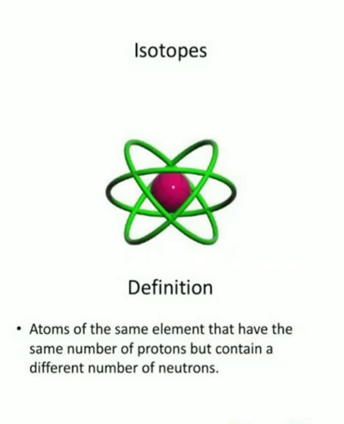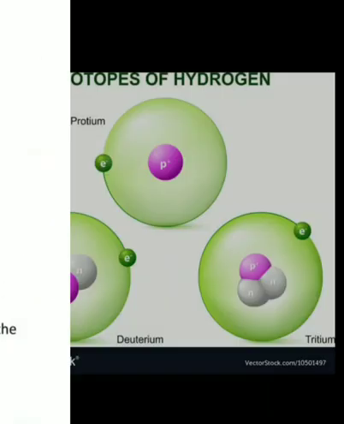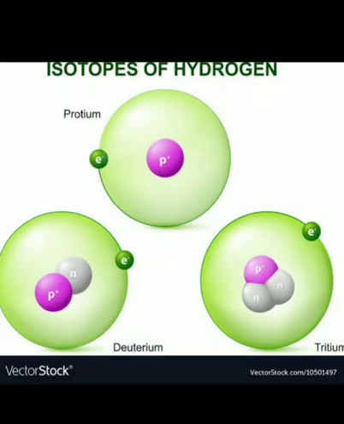Let's see some examples, the isotopes of hydrogen. Hydrogen has 3 isotopes: protium, deuterium and tritium. See here, first protium: number of proton equal to 1, electron equal to 1, but there is no neutron in protium.